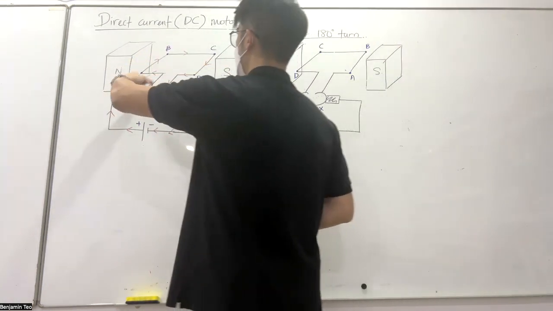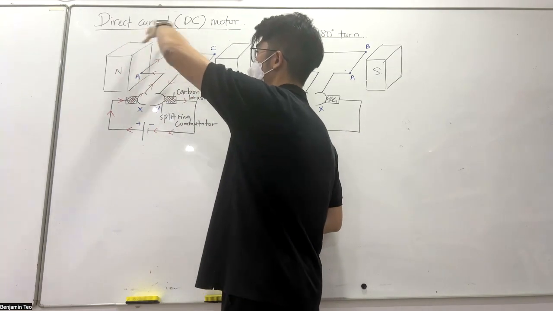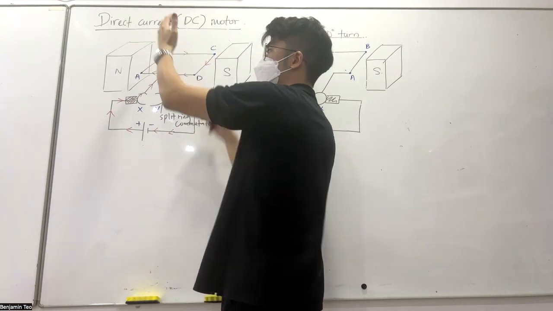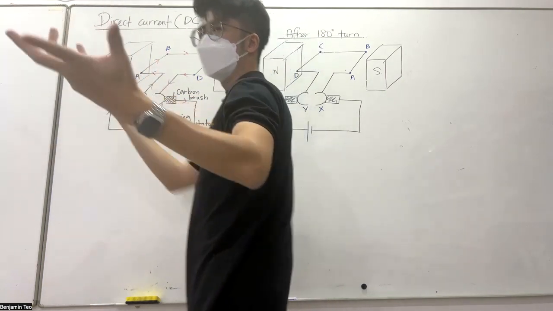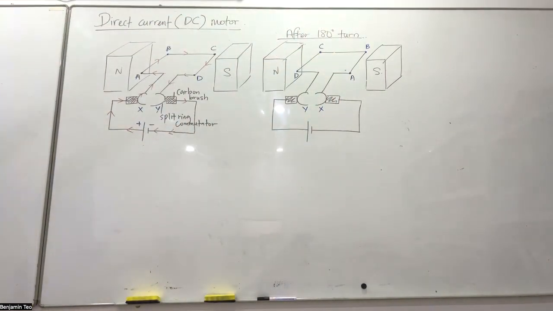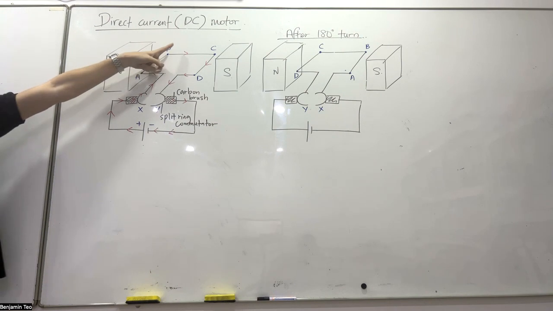当你有 current flow 进这个 rectangular coil 的时候，这个 internal circuit 是在这个 magnetic field 里面的。那现在你有 current 对吗？左手还是右手？有 current，所以你要用 Fleming's left hand。You've got current here.